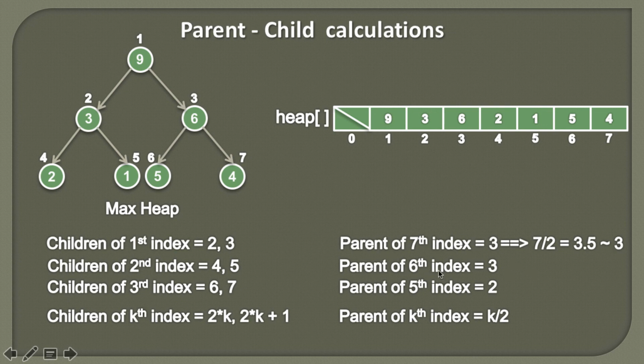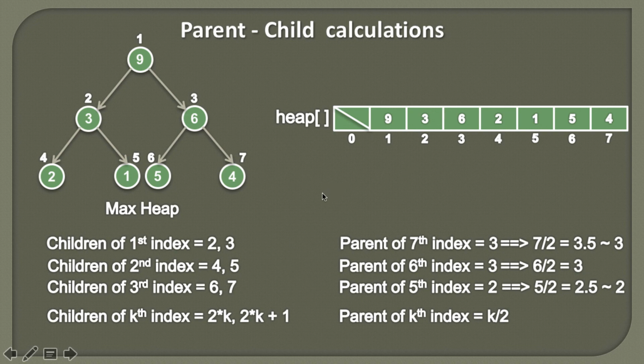Similarly, the parent of the 6th index is 3, which is evaluated as 6 by 2, which is 3. And the parent of the 5th index is 2, which is evaluated as 5 by 2, which gives us a value of 2.5, and if we round it off we get 2.